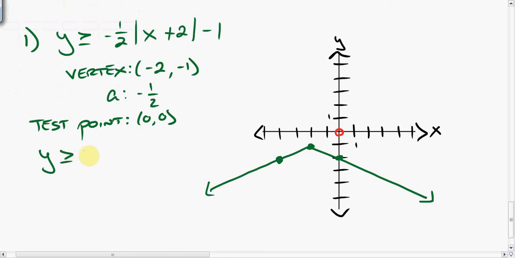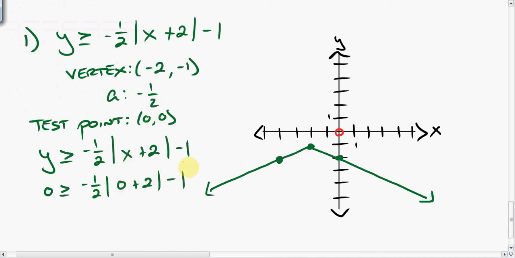So I'm going to go back to the original inequality. y is greater than or equal to negative 1/2 times the absolute value of x plus 2 minus 1. And I'm going to plug these values in. So the value of y is 0. It's greater than or equal to negative 1/2 times the absolute value of x is 0, so 0 plus 2, minus 1.